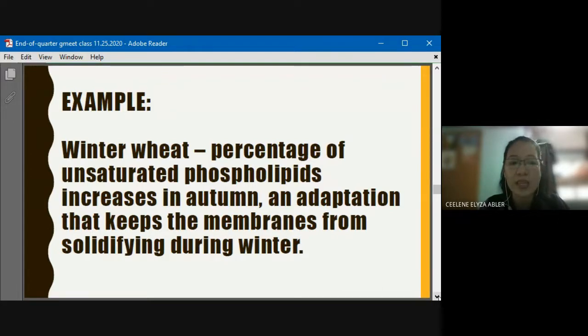So winter wheats are actually yung ano yan siya, it's a type of wheat, triticum kasi yan siya na family. So, ang ano niya is, unsaturated yan siya na ang phospholipids niya is increased during autumn kasi it has to survive during winter para to prevent it from solidifying kasi your unsaturated, napapansin ninyo, sino gumagamit ng olive oils?